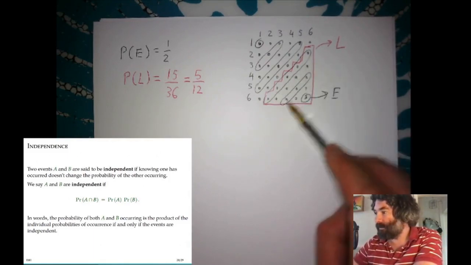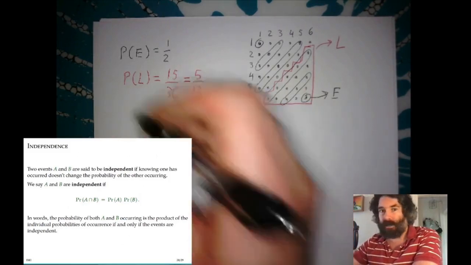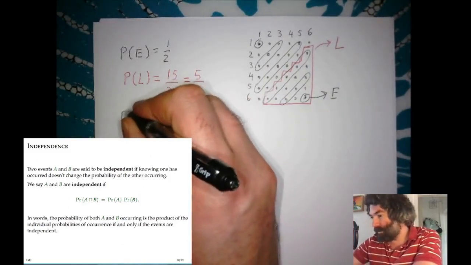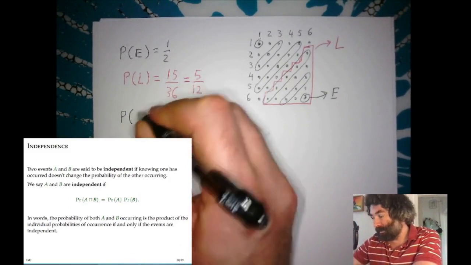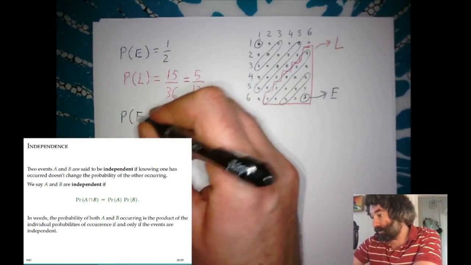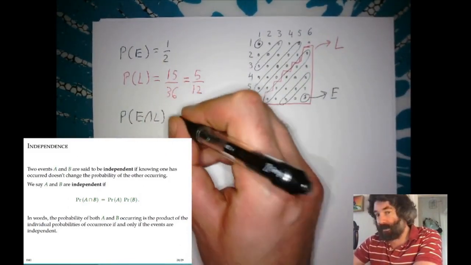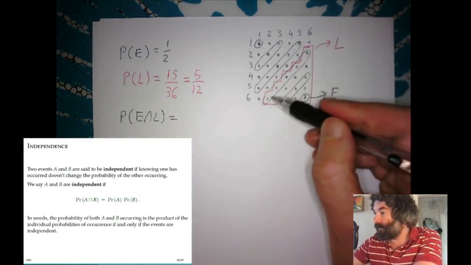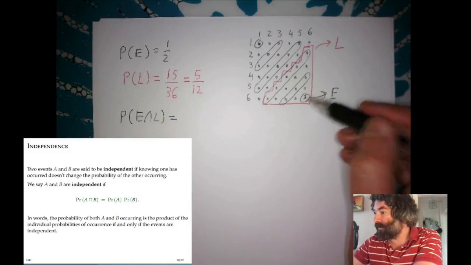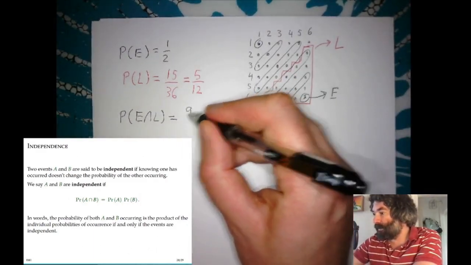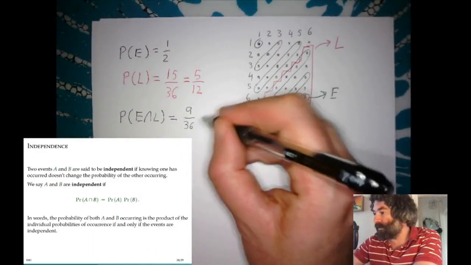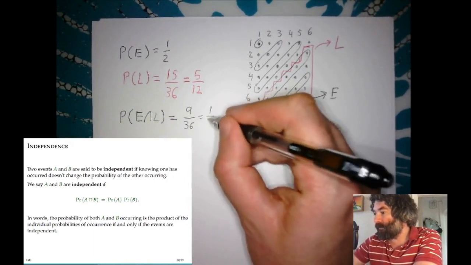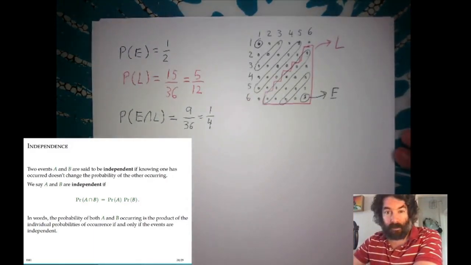So these ones, and these ones. We can calculate the probability of E and L by counting all those outcomes that are in both. That will be 1, 2, 3, 4, 5, 6, 7, 8, 9. So 9 out of 36, or 1/4. That's the probability of E and L.